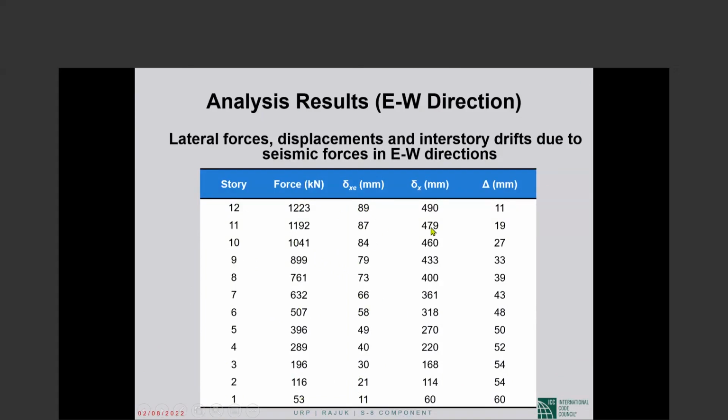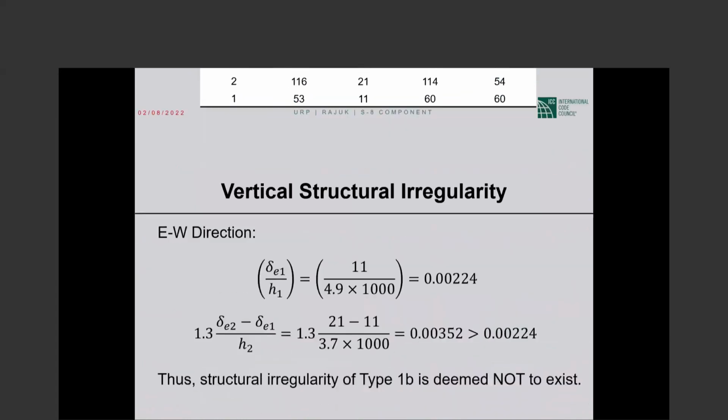This is after we have amplified by C sub D, and this is the interstory drift. So at level 1, it is the whole thing. At level 2, it is 114 minus 60, that is 54. At this level, it is 168 minus 114, which is also 54. Okay, so you understand, this is pretty straightforward.